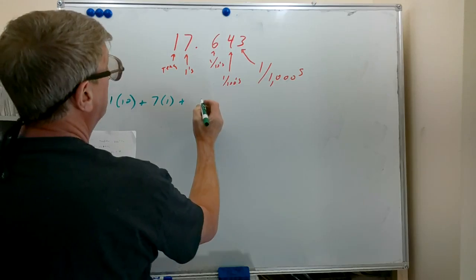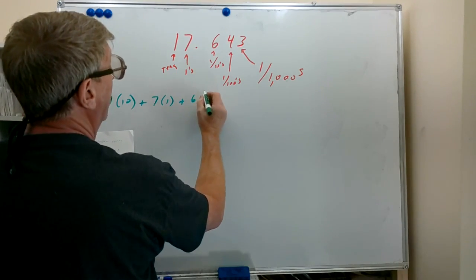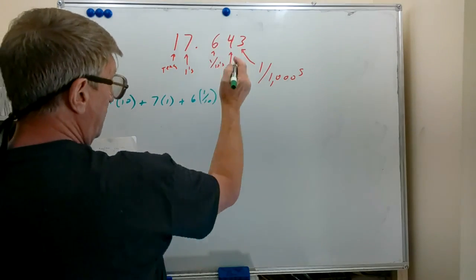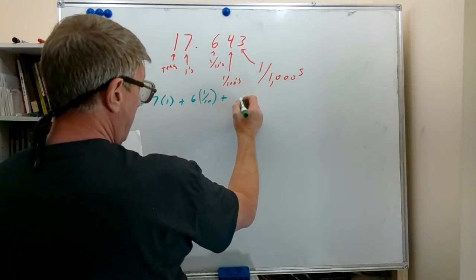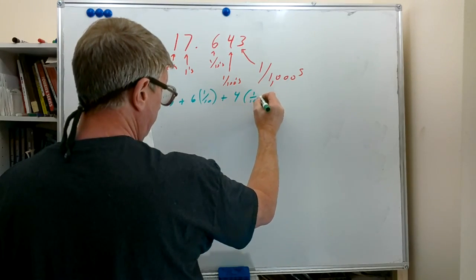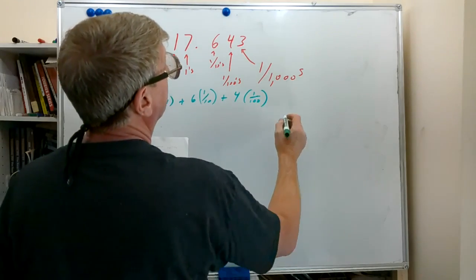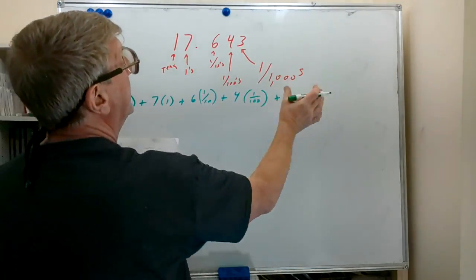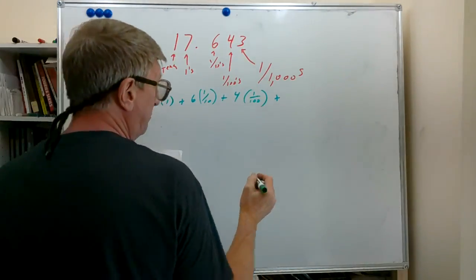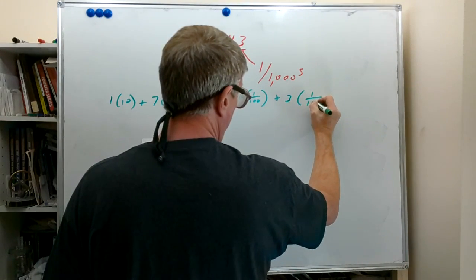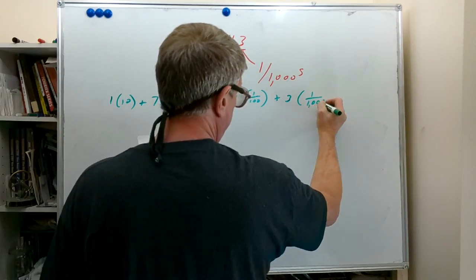A 6 in the tenths place, that's 6 times 1/10. A 4 in the hundredths place, that's 4 times 1/100th. And a 3 in the 1,000ths place, that's 3 times 1/1000th.